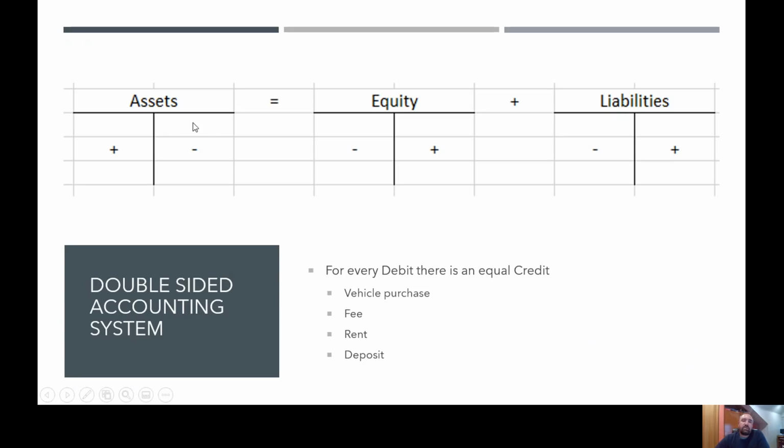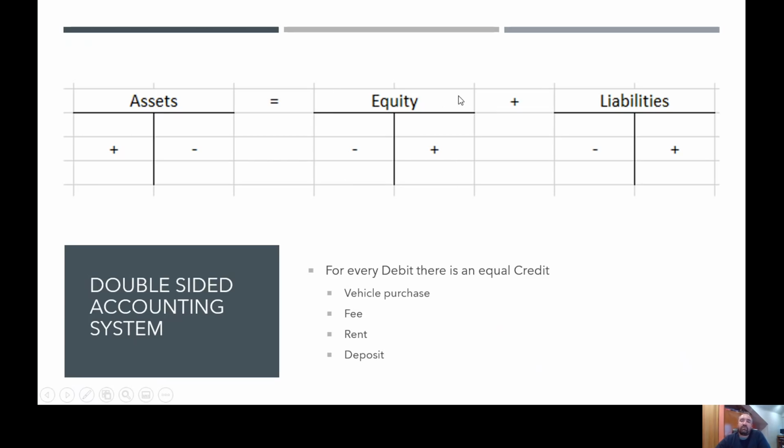Okay, so now I'm going to just go back to this equation here. So this is now for a typical business set. So we've got assets equals equity plus liabilities. So the question that I ask on the next slide is, how does this equation change when we move over into the trust accounting records? And the answer is this section here, the equity section, falls away.